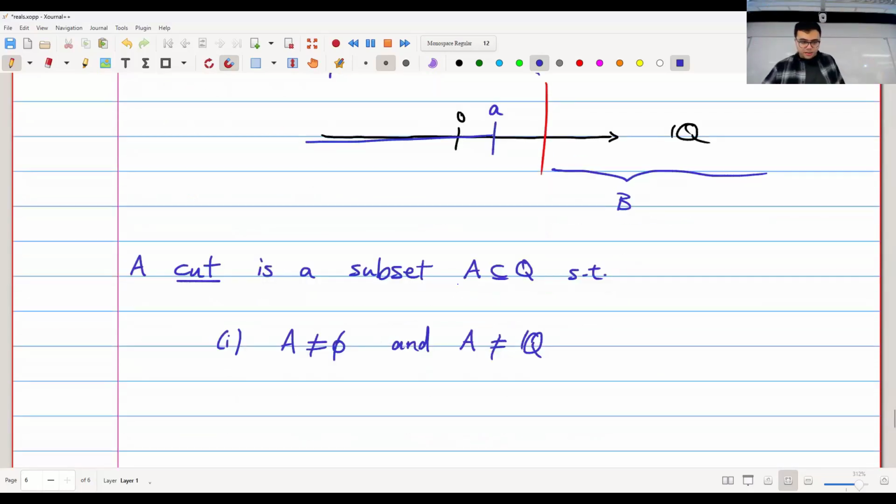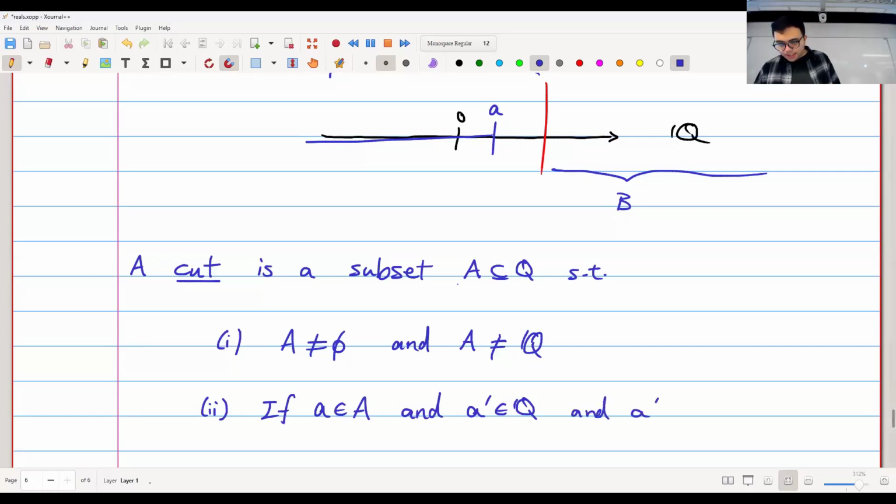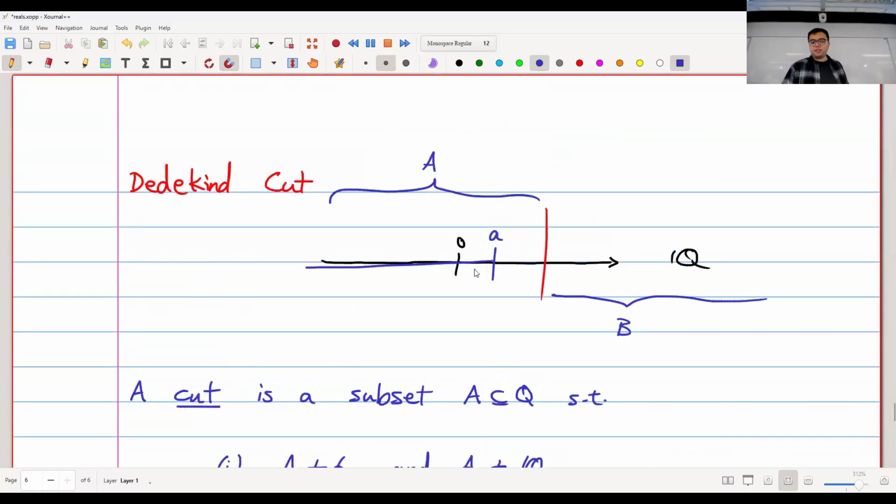So my second property is that if a is in A and a prime is in Q and a prime is less than a, then a prime is also in my set. So if I have some number in my set A, I have to take all the numbers that are smaller than that in my set A as well.